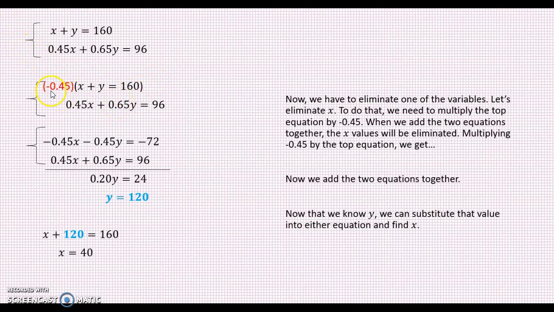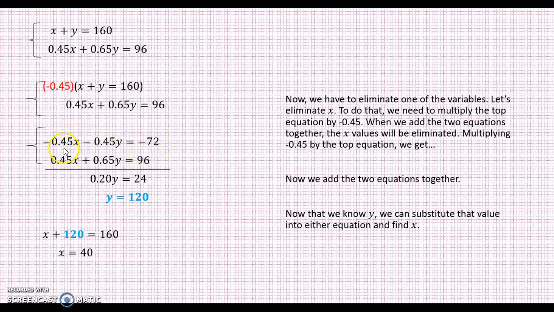So we'll have negative 0.45 times X, negative 0.45 times Y, and negative 0.45 times 160. Multiplying that out, we'll get negative 0.45X minus 0.45Y is equal to negative 72.